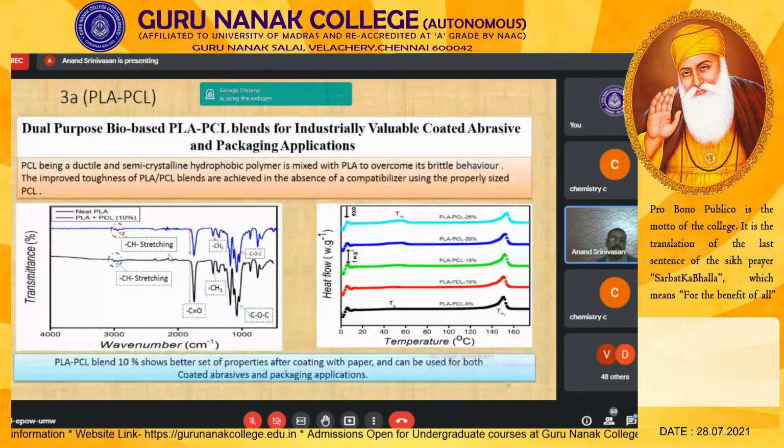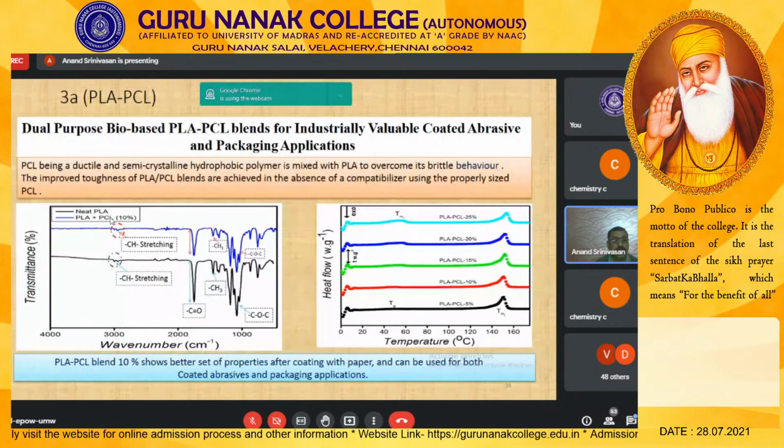And we have also studied the interaction, because as a chemist, we cannot simply say they have an interaction. So by means of FTIR, since it is happening on the surface, we thought the FTIR interactions can be used as proof for the interaction between PLA and PCL.